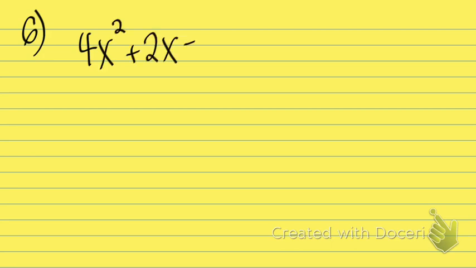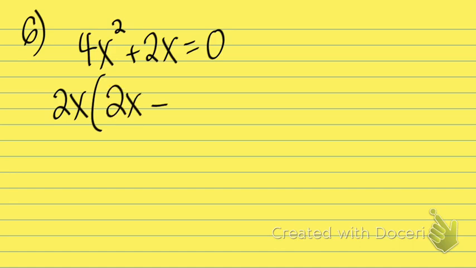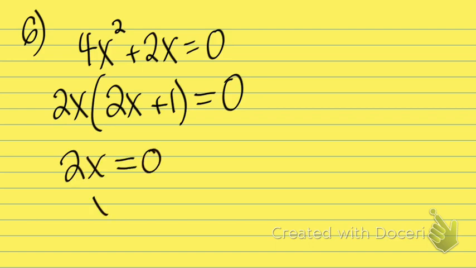So number 6, I would just factor out a greatest common factor of 2x. 2x, well, this has to be 2x, this has to be 1. And so now it's two things multiplying together, so I set each one equal to 0 and solve.